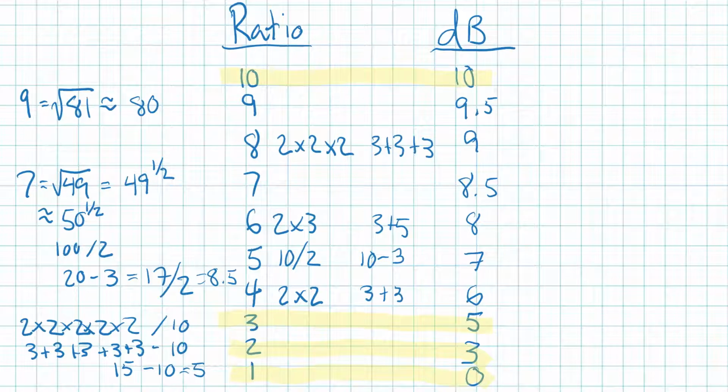See if you come up with 9.5, getting yourself to the dB value of 80 and then dividing that by 2, because 9 is roughly equal to 80 raised to the 1/2 power. Okay, so now we have equivalents for all the integers between 1 and 10.